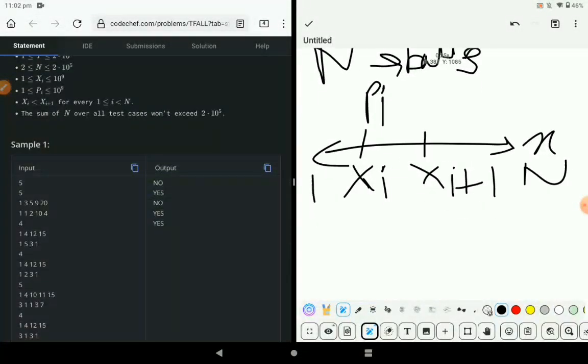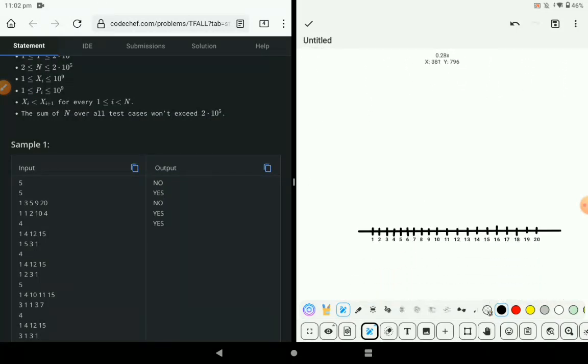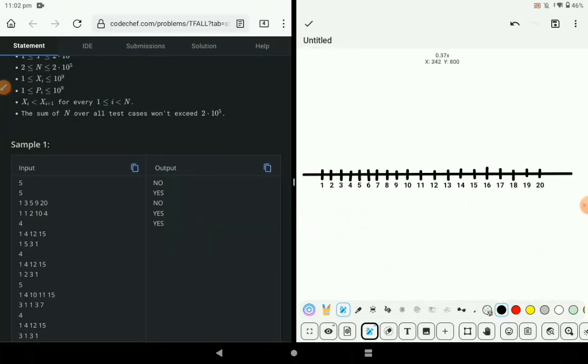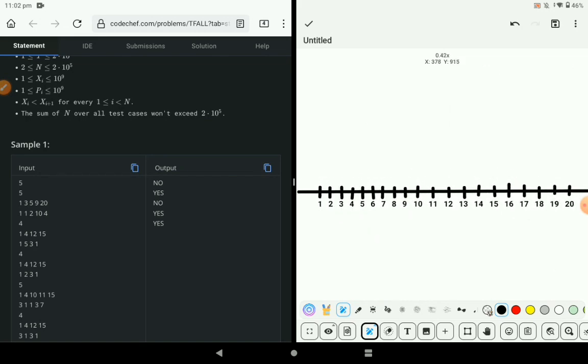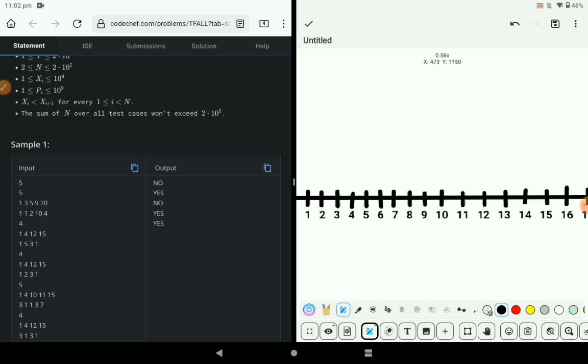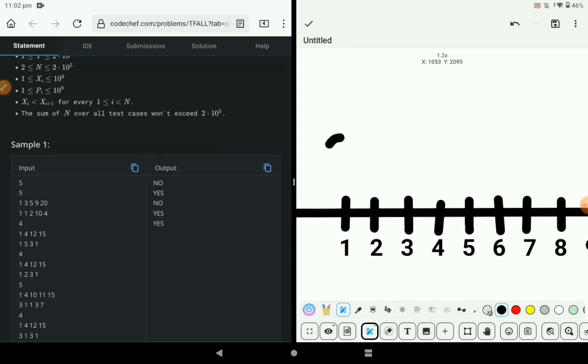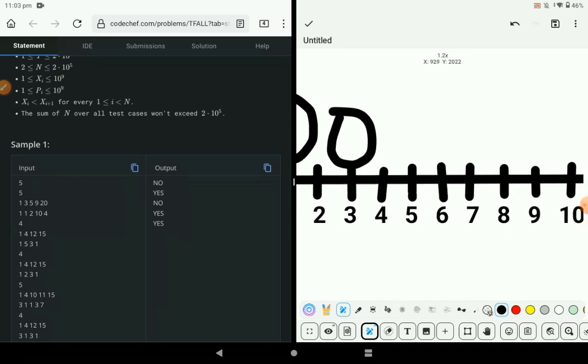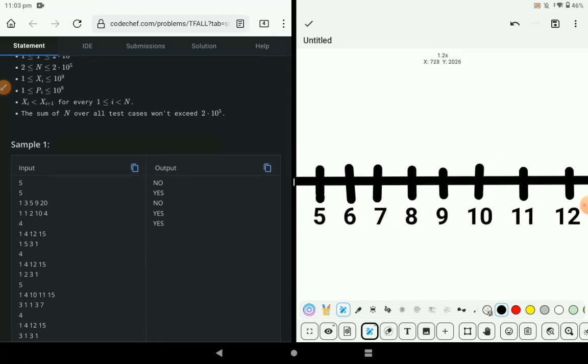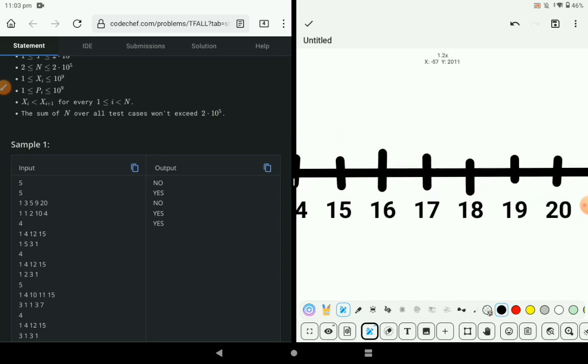Is that clear? This is the main approach of the problem statement. Let's try to understand this by a small example. Suppose we have been given balls at positions 1, 3, 5, 9, and at last 20.